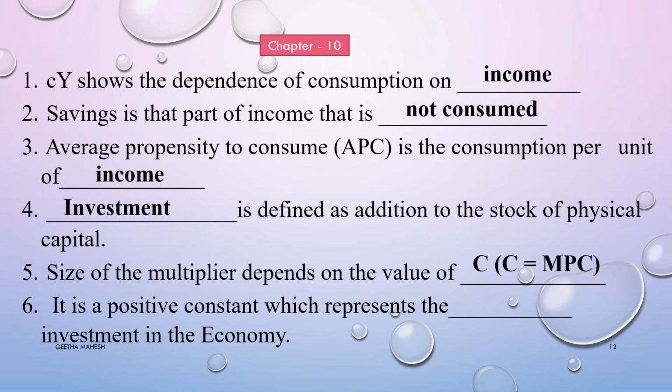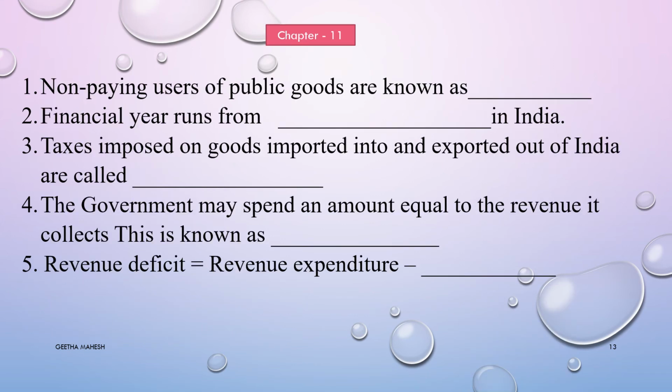It is a positive constant which represents the autonomous investment in the economy. Now let us discuss few important fill in the blanks from Government Budget Chapter 11.